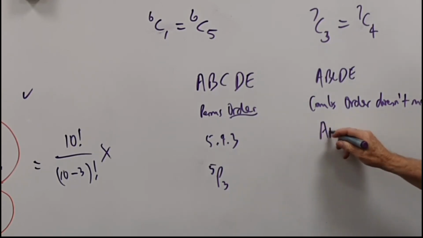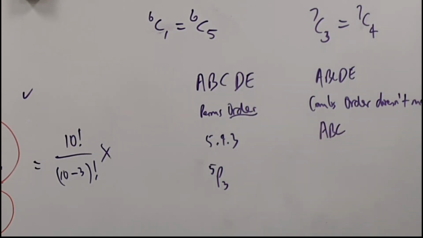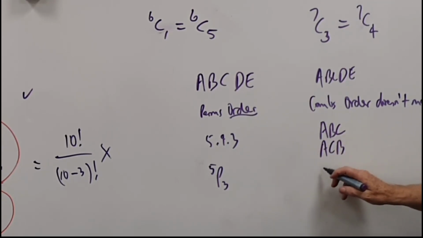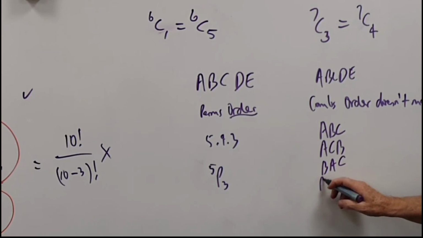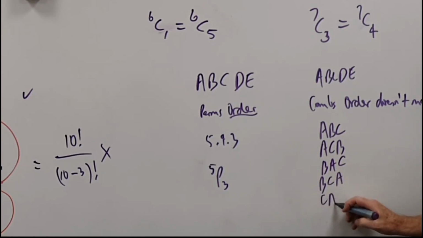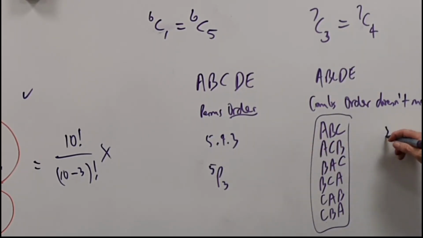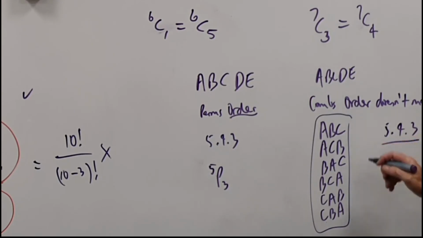So if I picked out A, B, C, it could have been A, C, B, it could have been B, C, A, and it could have been C, A, B. All of those were the same, or they're double ups. So we had the same answers here, 5 by 4 by 3, divided by 3 by 2 by 1.